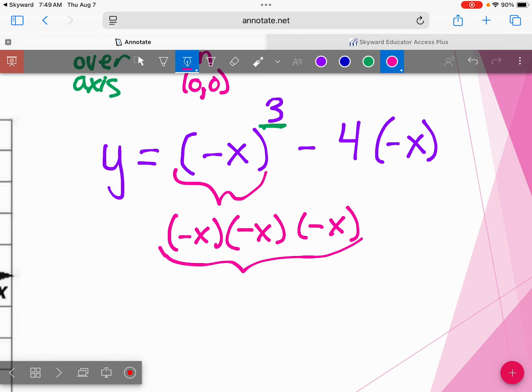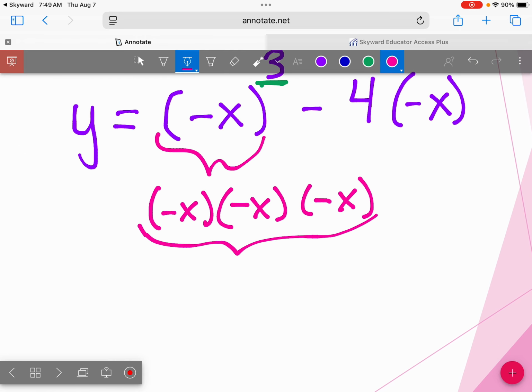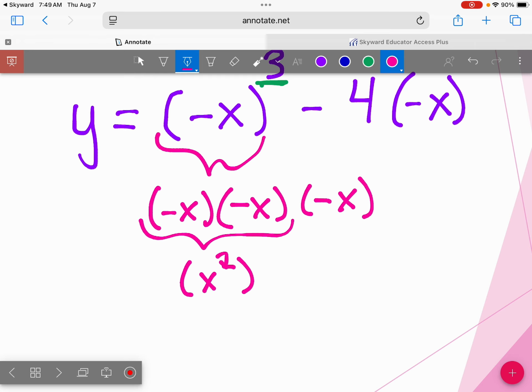What do you think? Because a negative times a negative becomes a positive, right? So if we just looked at two of them, minus x times minus x, we're going to get just a positive x squared, because a minus times a minus cancels out. But then we have this other minus x here.